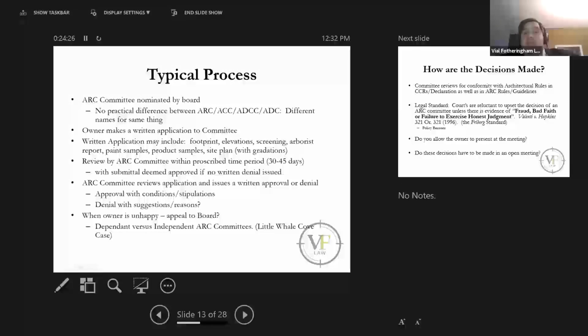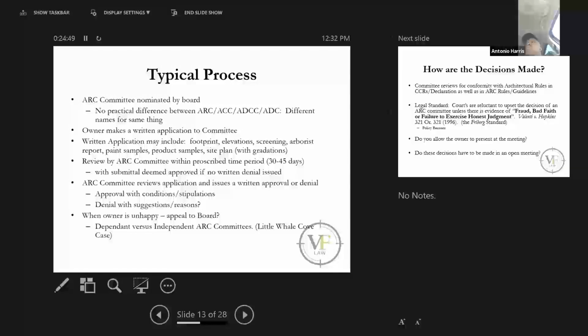Your documents also typically have a time period by which the ARC must respond. Most of the time, there is a provision that says if they submit it and you don't respond by written denial within this period of time, and again, that's usually 30 to 45 days, that's the standard, then it is deemed approved.